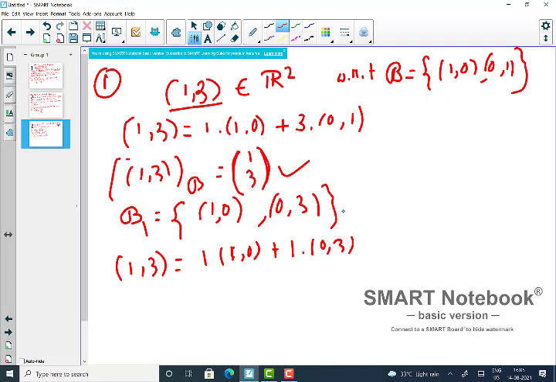So with respect to this basis, what is the coordinate vector with respect to this B1? This will be, I think, 1, 1. So the same point you can represent differently with respect to different bases, and those are called coordinate vectors with respect to that basis only.